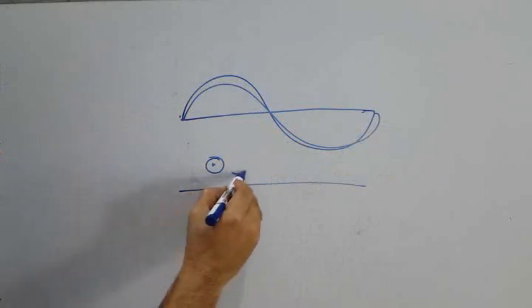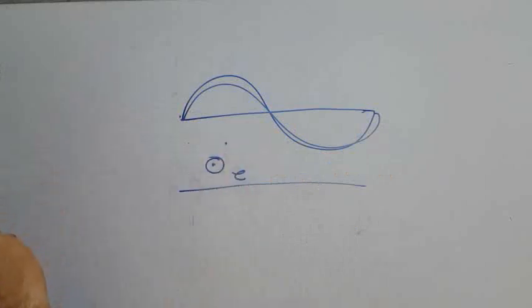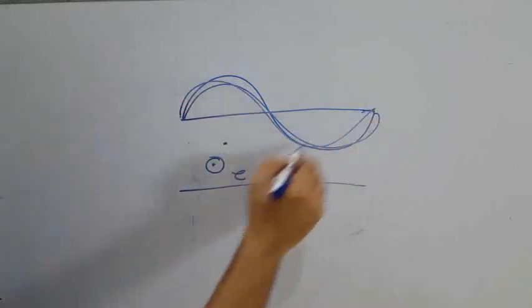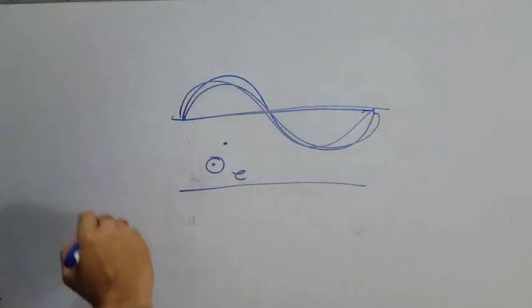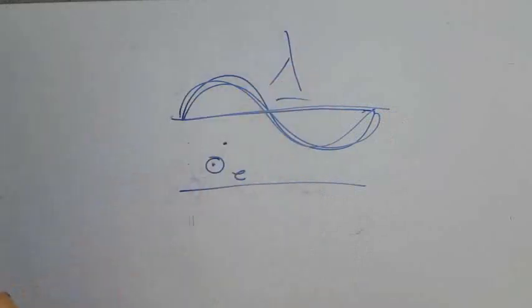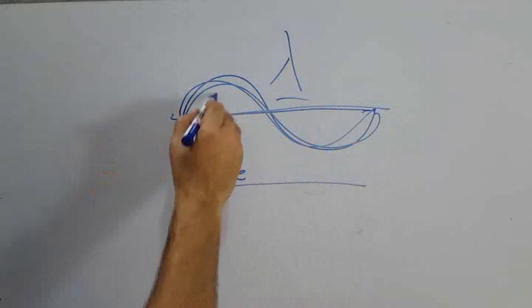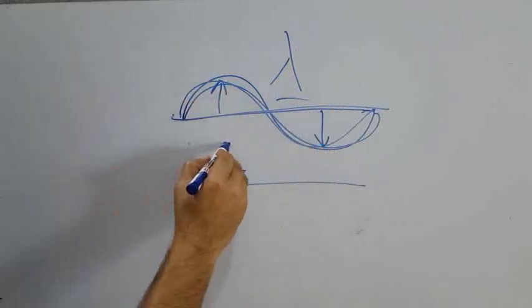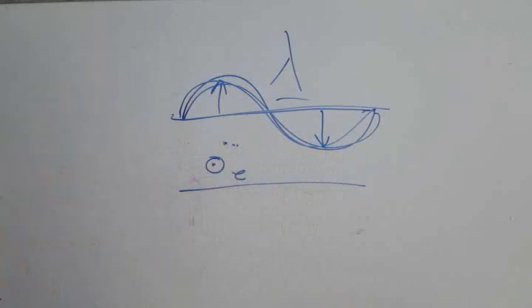For example, an electron is a point object, and if it is a point, then it cannot be a wave because a wave spreads out in space. It has a certain wavelength lambda, which can be measured. Similarly, its magnitude can also be measured, but a point object cannot be measured. This is the first difficulty.